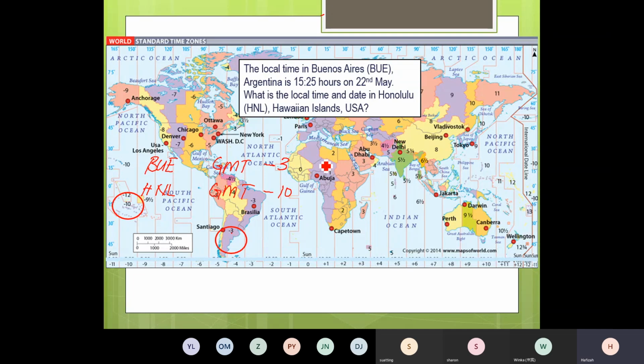They give the time in Buenos Aires, 15:25, but they didn't give it here, so you need to find it. What should you do with the GMT? Minus. Okay, minus, so it equals 7 hours.